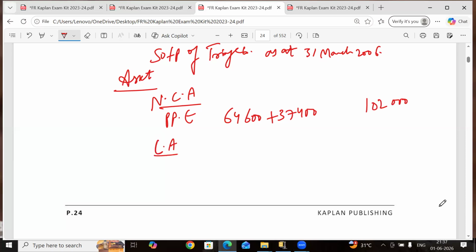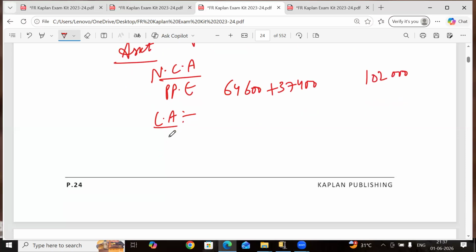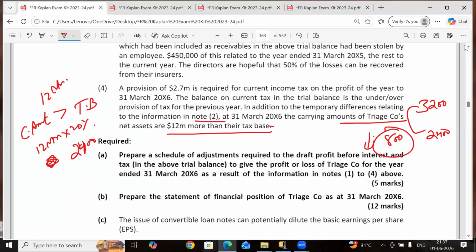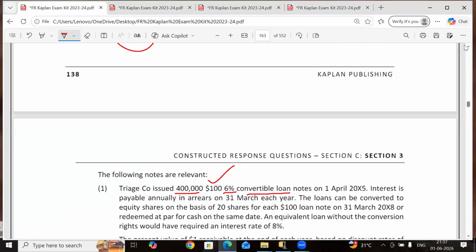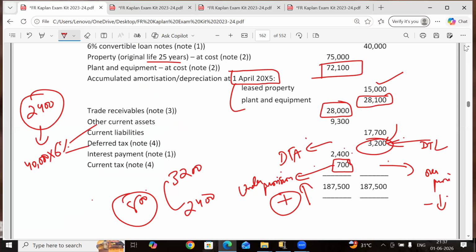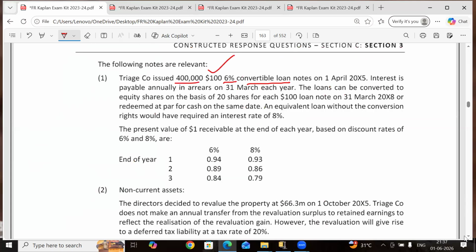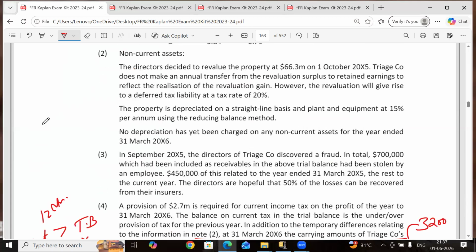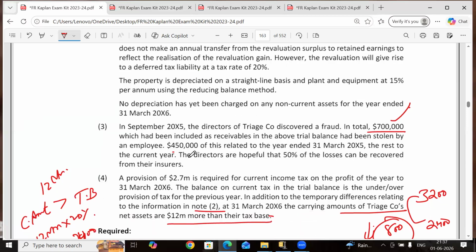Current assets, receivables, from the trial balance is 28,000, and till date the whole amount lost is a total of 7 lakh fraud. That means you have to take the net receivables. Okay, 450 adjusted, this year 250 has to be adjusted.